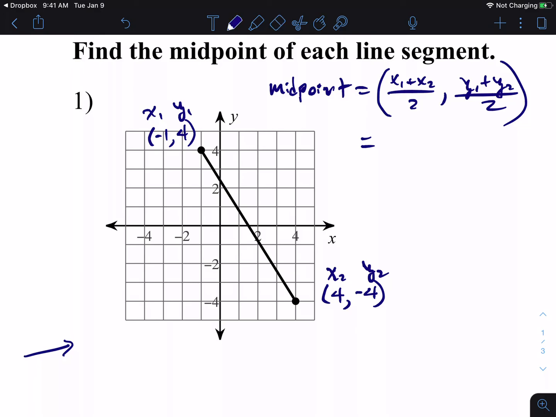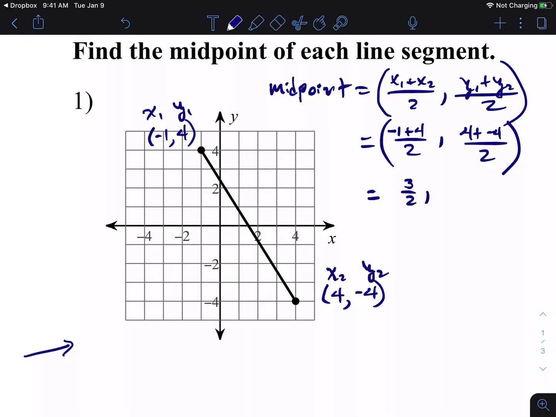So x1 is -1. So we're going to say -1 plus 4 divided by 2 is that first part there. And then y1, which is 4, plus -4 over 2. Now -1 plus 4 is 3, so that first part becomes 3 over 2.